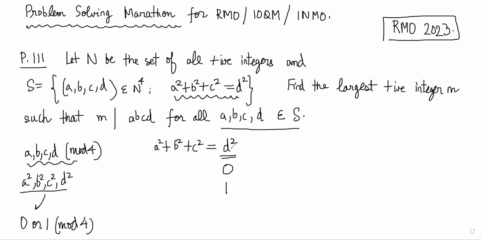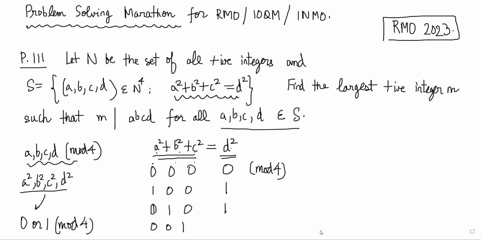If d square is 0 mod 4, the only way you can have a square plus b square plus c square is if each of them is 0 mod 4, because if any one of them is 1 mod 4, then overall the sum will not be 0 mod 4. If d square is 1, however, you could do it in 3 ways: 1, 0, 0; 0, 1, 0; or 0, 0, 1. And in all these 3 cases, d square is 1 mod 4.